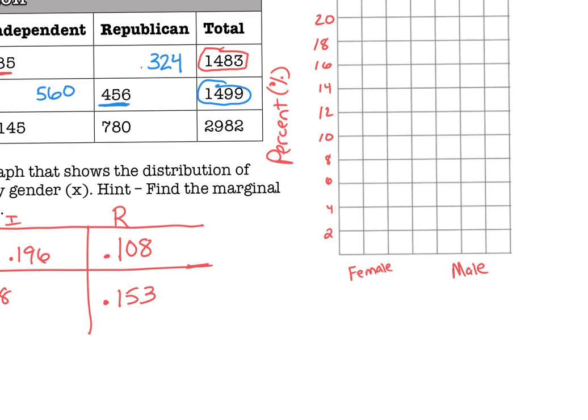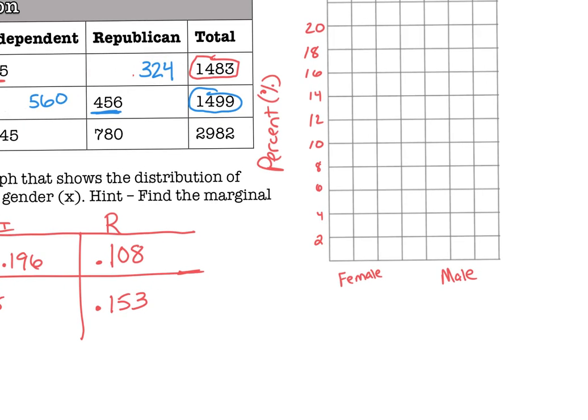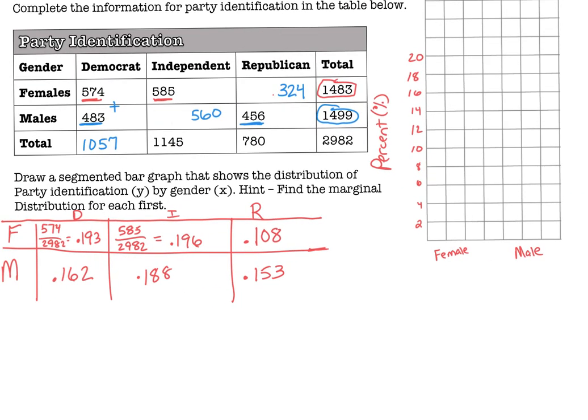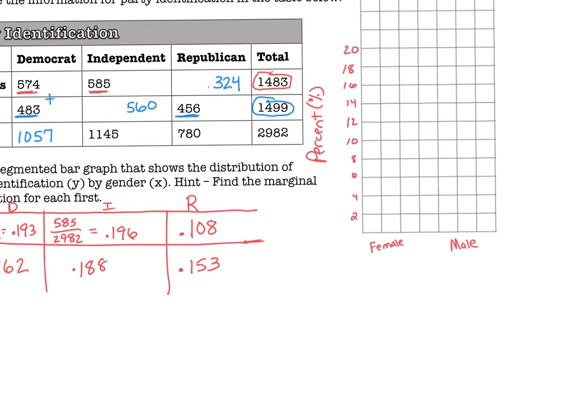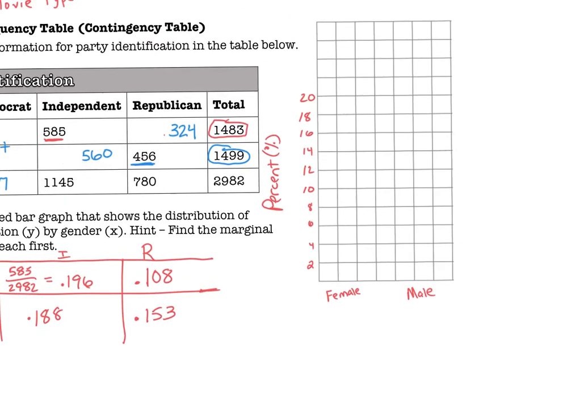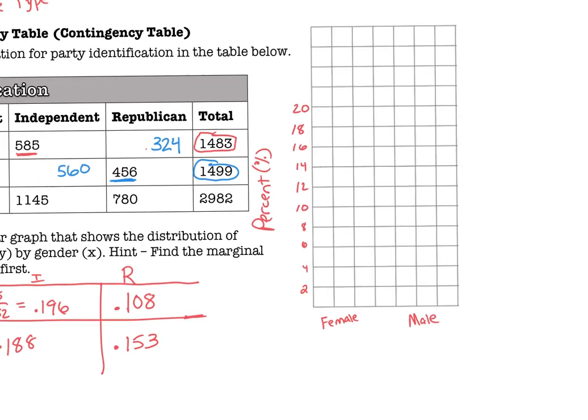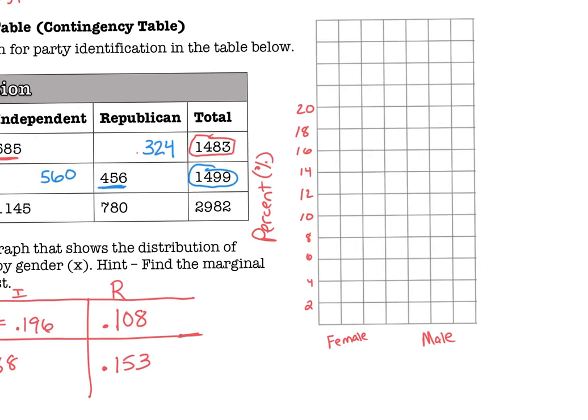And so what we have here, if we're looking at females, the Democratic was 0.193 or 19.3%. So the Democrat female is going to be right here, and I'm going to give them one box. And I'm going to make a note in the bar that this represents the Democrats.